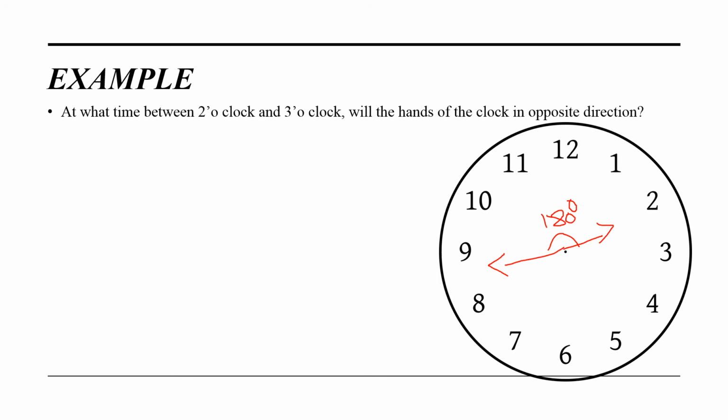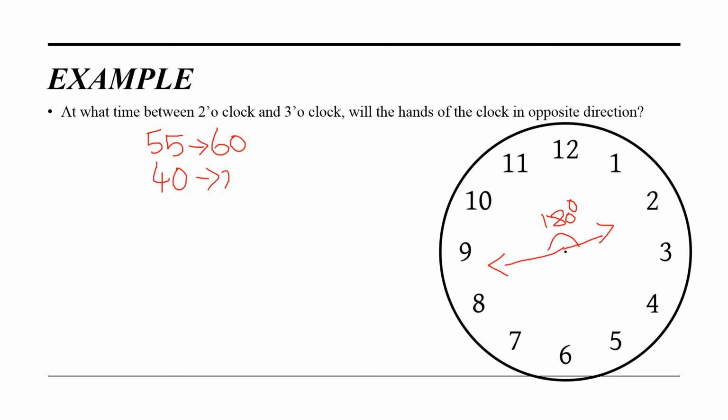Okay, we have to find at what time between 2 and 3 the minute hand and hour hand will be in opposite direction. For this also we need to use the note: 55 minute spaces are gained by minute hand in 60 minutes. Here the minute hand gains how many minutes? 40 minute spaces. 40 minute spaces are gained by minute hand in x minutes.